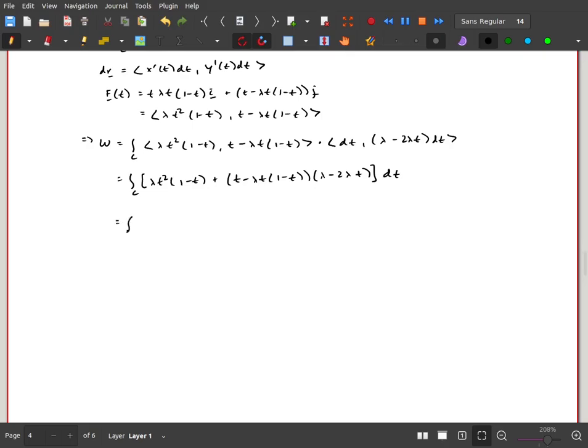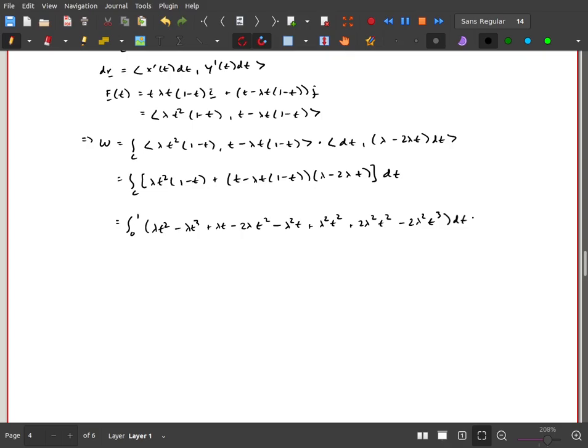Okay, so I'm going to substitute that limit in. So the integral will be from 0 to 1. And I'll expand all of this. So that will be lambda t squared minus lambda t cubed plus lambda t minus 2 lambda t squared minus lambda squared t plus lambda squared t squared plus 2 lambda squared t squared minus 2 lambda squared t cubed.